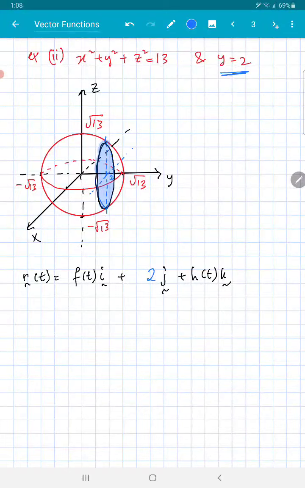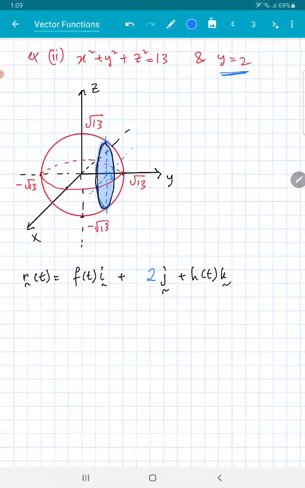Now we need to get the relationship between x and z with our parameter t.